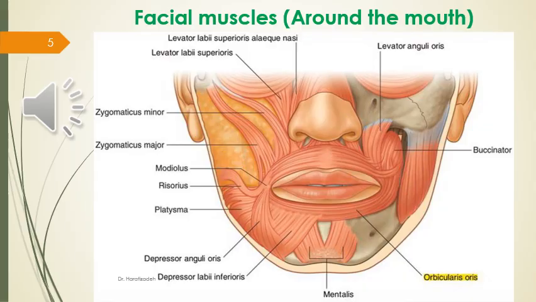It originates from the pterygomandibular raphe and alveolar process of the maxilla and mandible. Its action is to press the cheek against the teeth and help in chewing, produce the facial expression of blowing or whistling, and keep food inside the mouth.